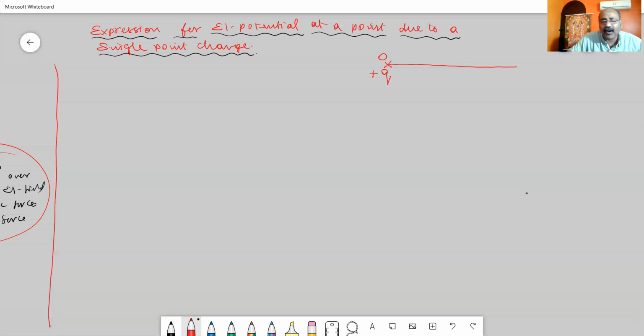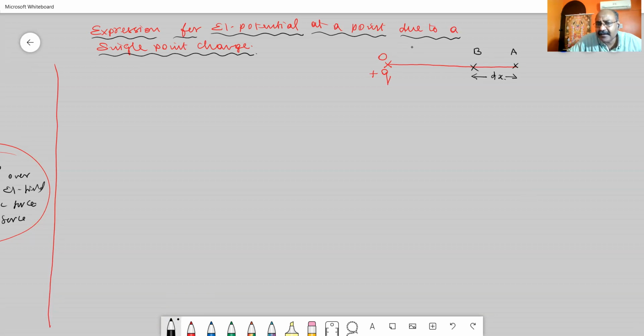On the axial line of that point charge, I am considering two points, A and B. In between these two points, the distance is represented as dx.